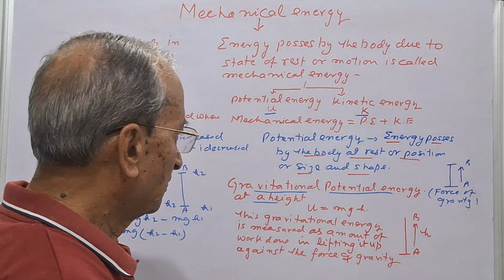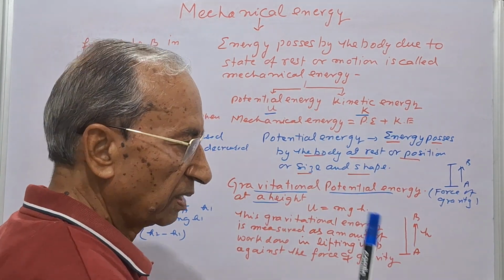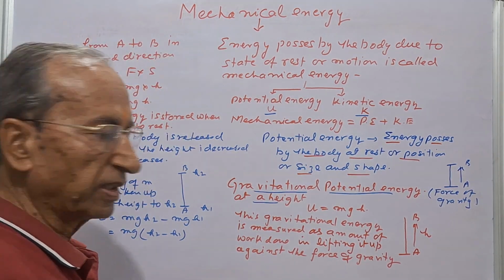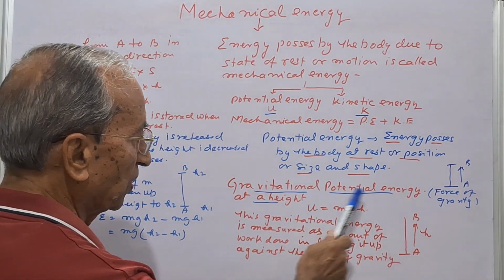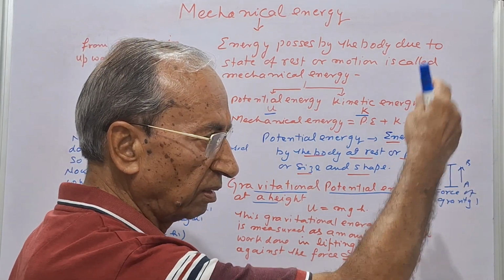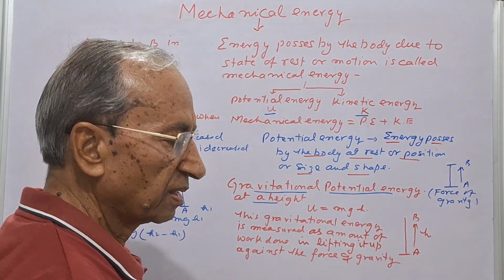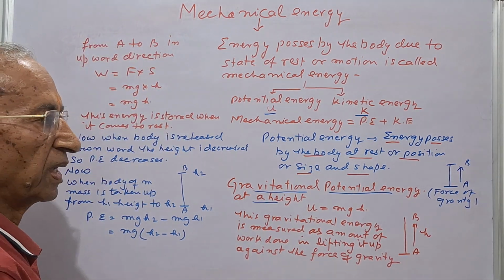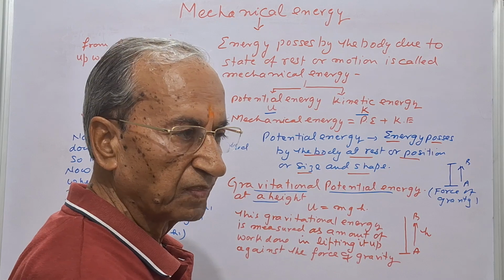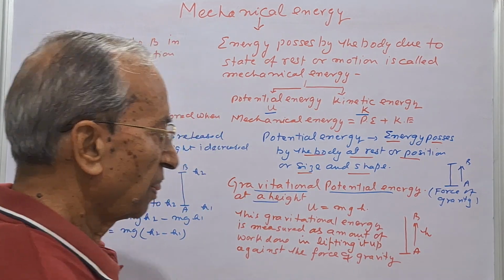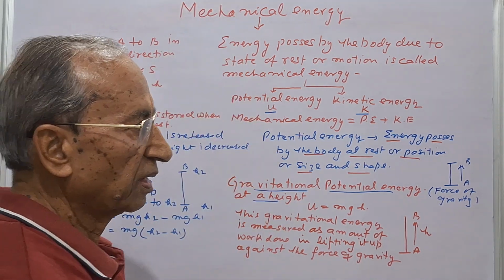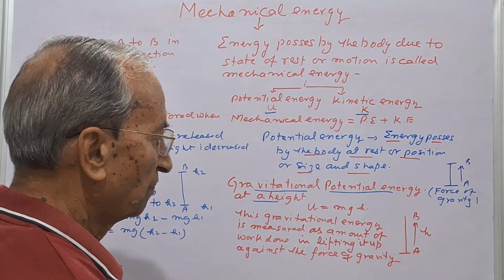Now suppose, we know that the gravitational force of the earth is very important for gravitational potential energy. You see, the earth is always attracting all the objects towards its center. Now when you throw something upward, what will happen?